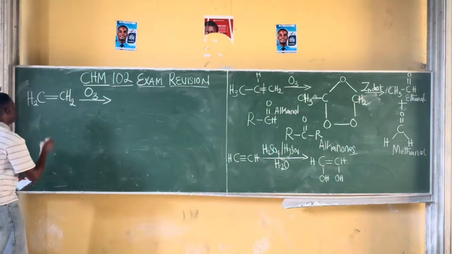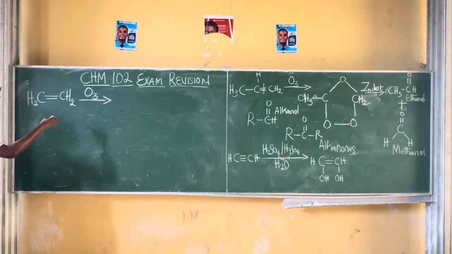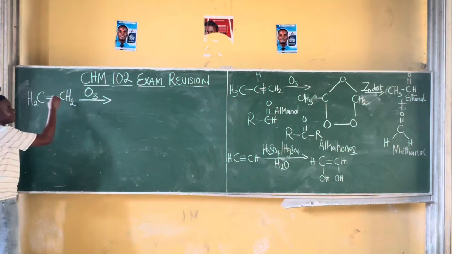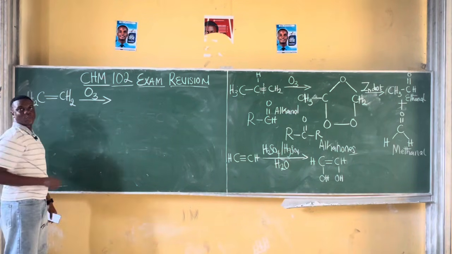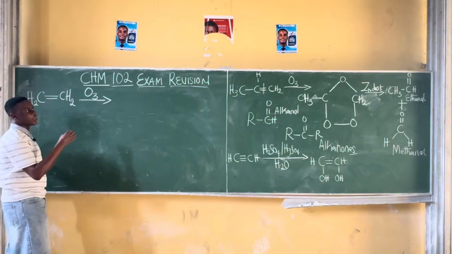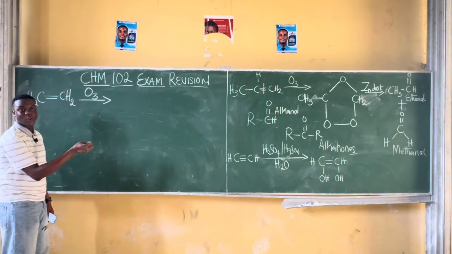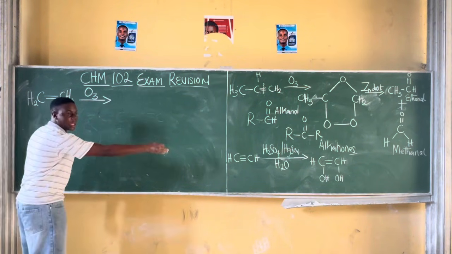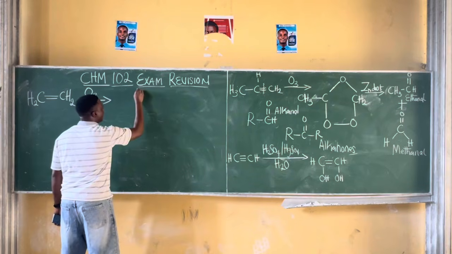Now what happens? This is an ozonolysis reaction, okay? Ethene reacting with ozone. So what will be the product? We are going to first of all show the ozonide, okay? Then before we proceed to the cleavage, the ozonide will be in this form.